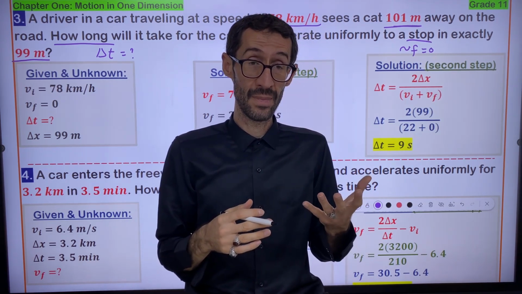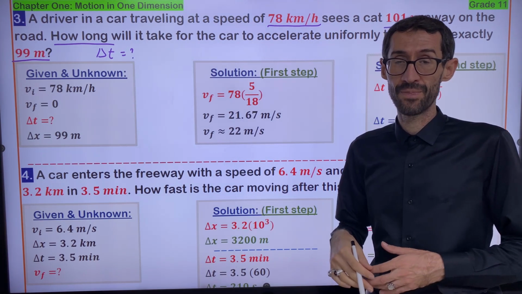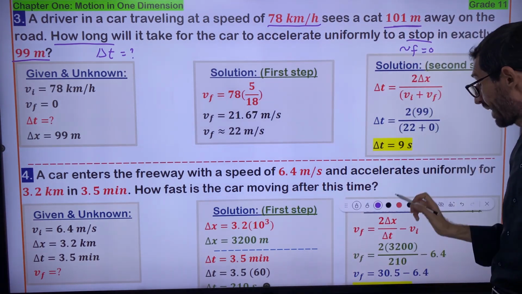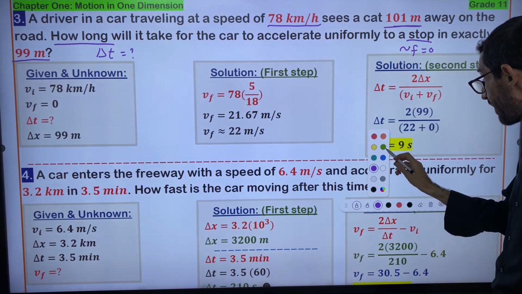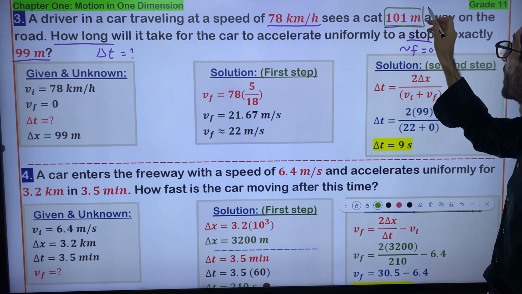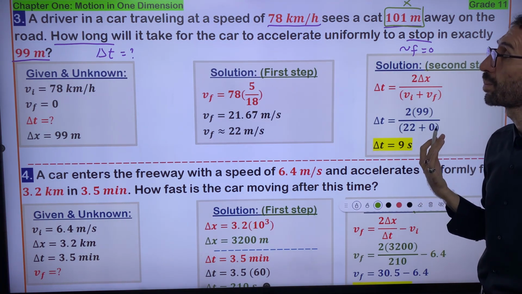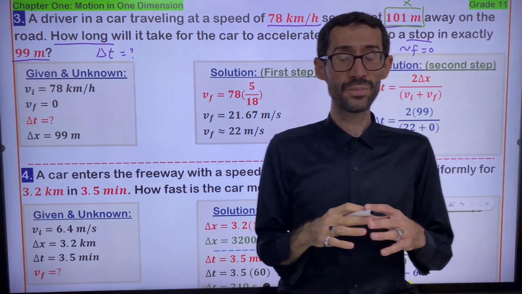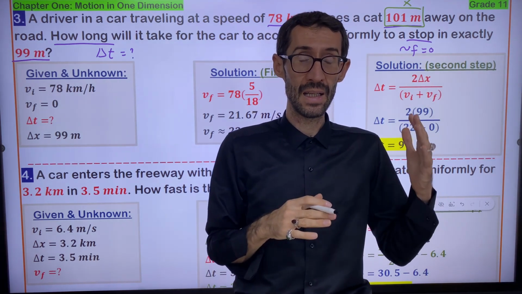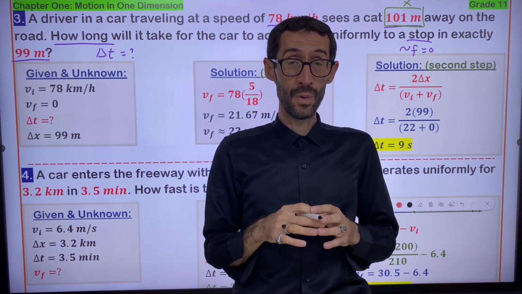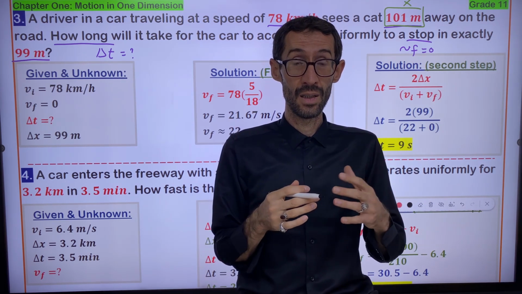What's our duty? We have two displacements, 101 meters and 99 meters. I want you to neglect 101 meters as if this number isn't there, right? Neglect it, ignore it, because we concentrate on the stopping case. We concentrate on the action, right?